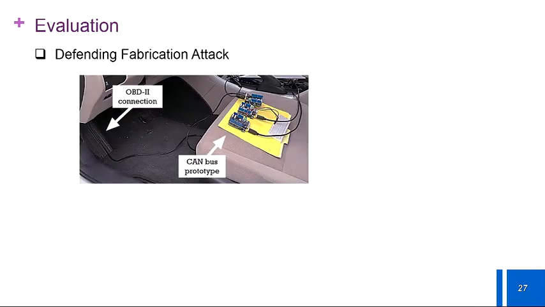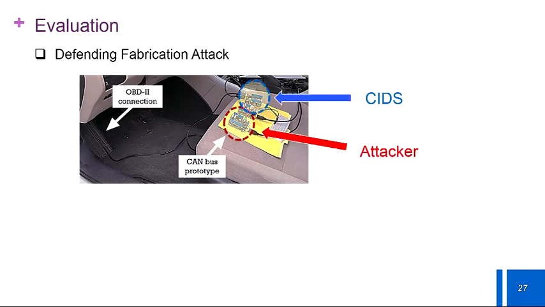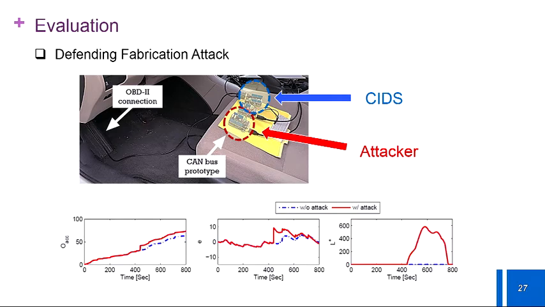Again, to evaluate how our IDS system would react to attacks made on the CAN bus, we programmed one of our nodes as the IDS system that we proposed, which is the clock-based IDS, and another as an attacker that can inject messages using a fabrication attack or masquerade attack. So this is the result that we had on our IDS system.